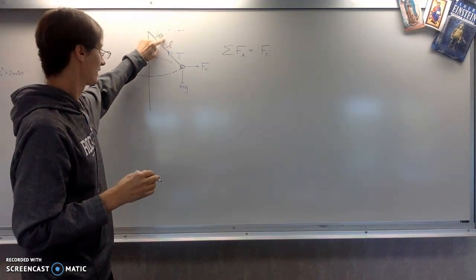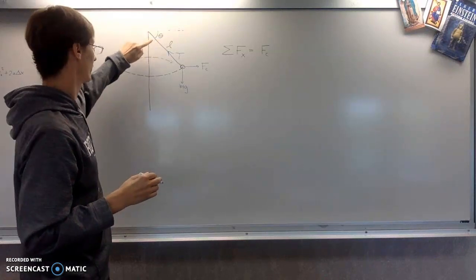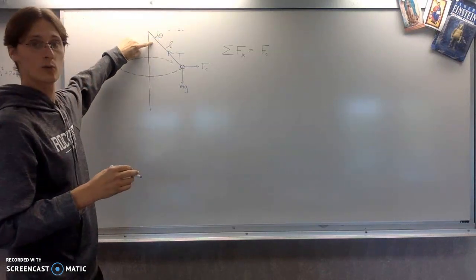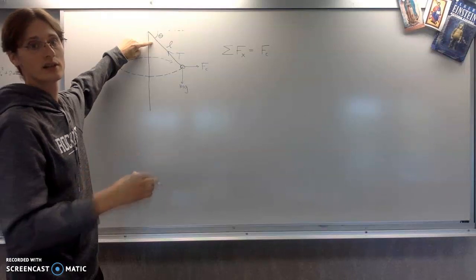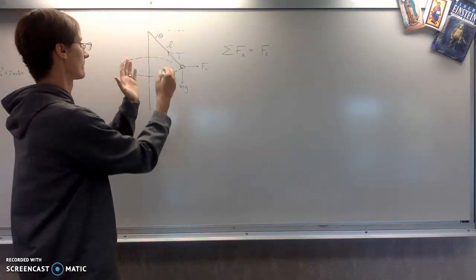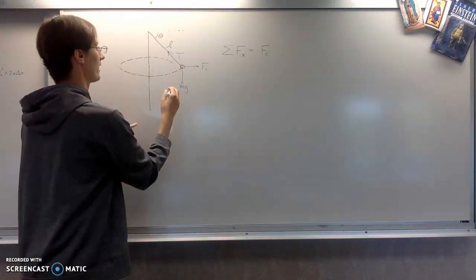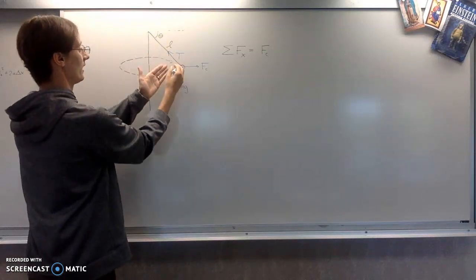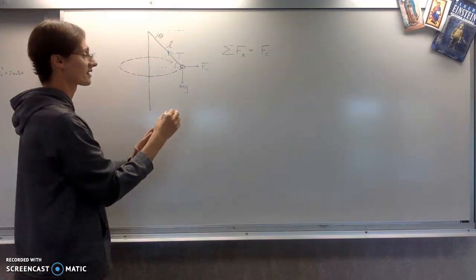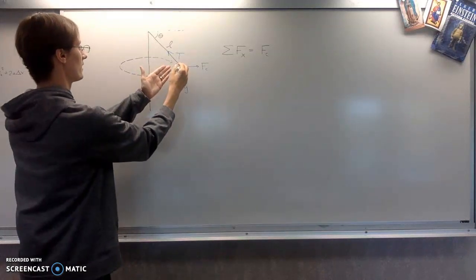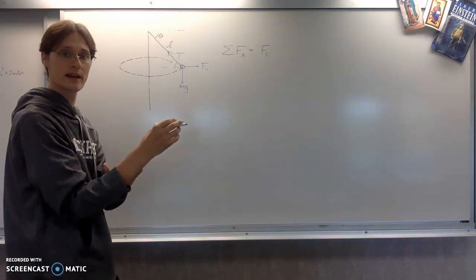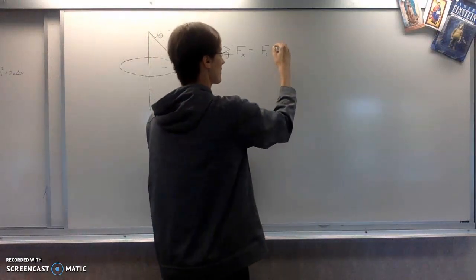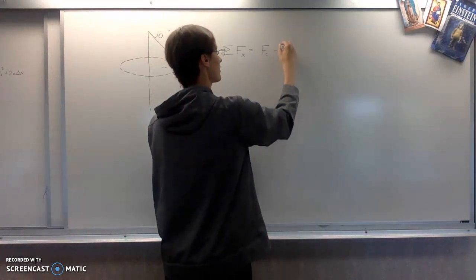I put the angle right here, but if they put the angle right there, what trig function you use is going to get switched up. Okay, so given that I put the angle there, and that angle and this angle would be the same, it looks like the cosine component would in fact give me the x component of the tension.